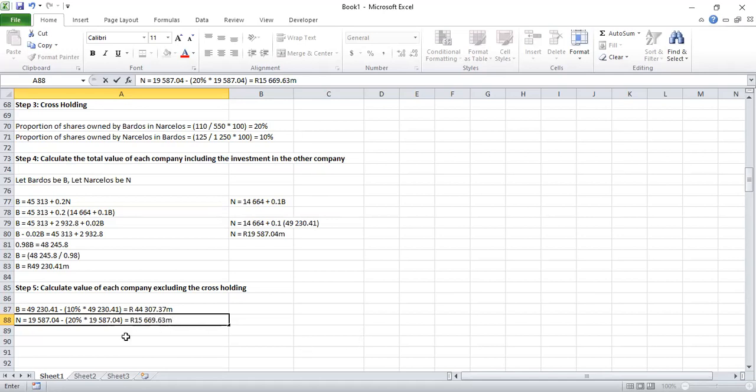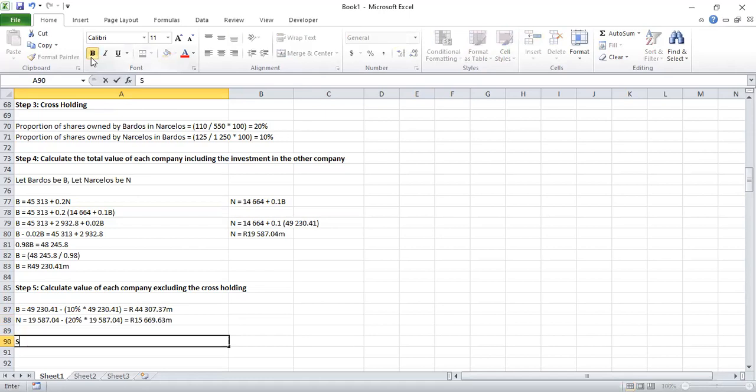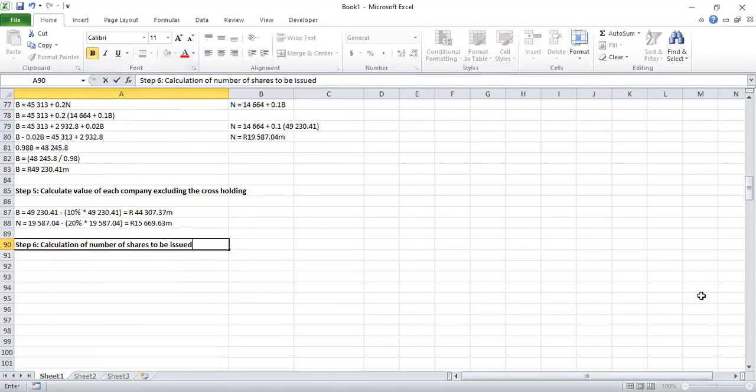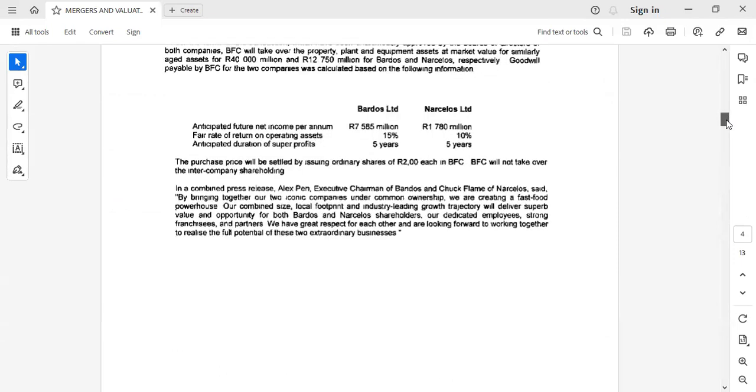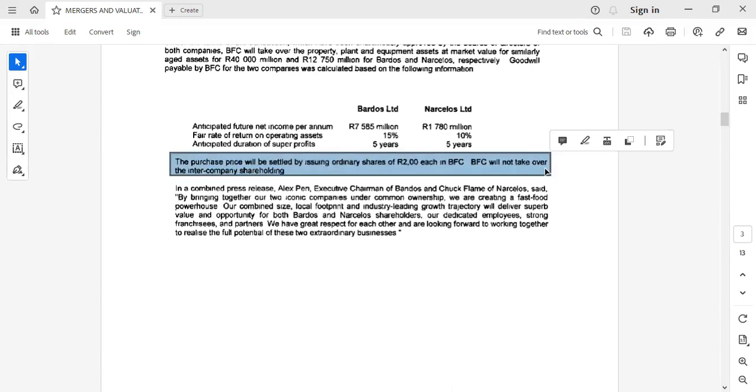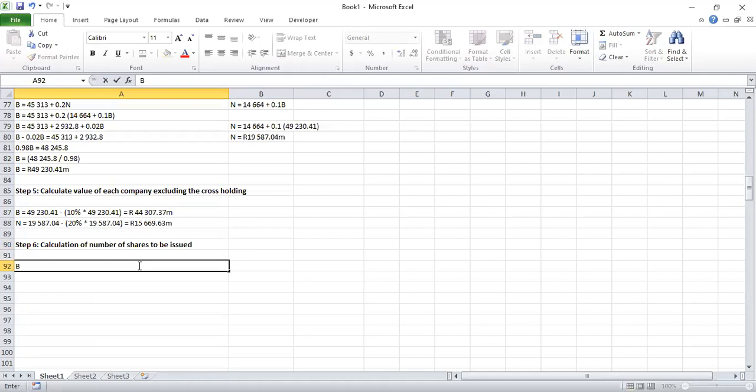So this is the value of the separate companies. Then our last step, step 6, we can now calculate the number of shares to be issued to the shareholders of each company. We know that the shares being issued to these shareholders are for R2 each. So we divide by the price. Bados would be equal to 44,307.37 divided by 2.